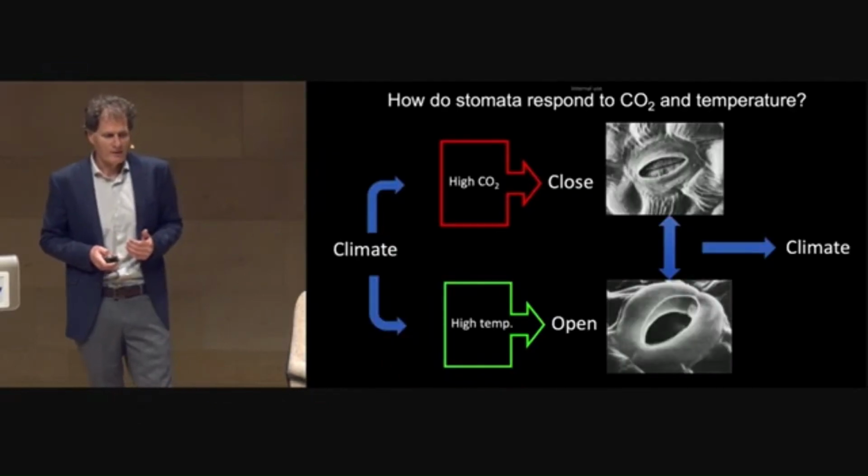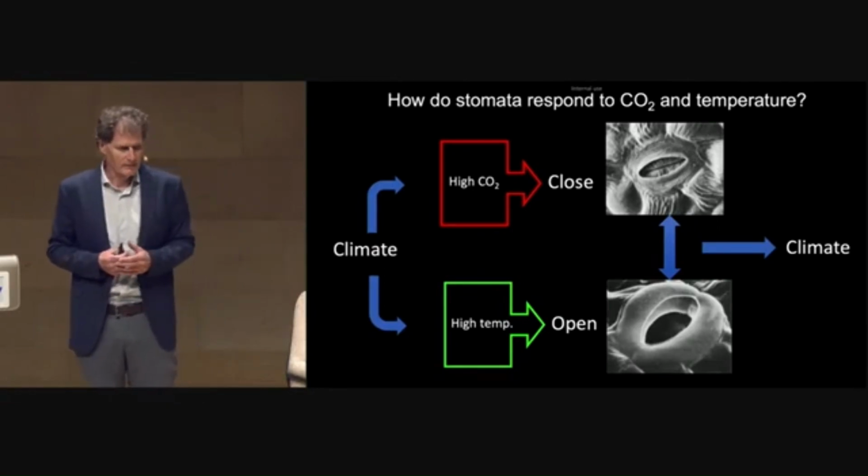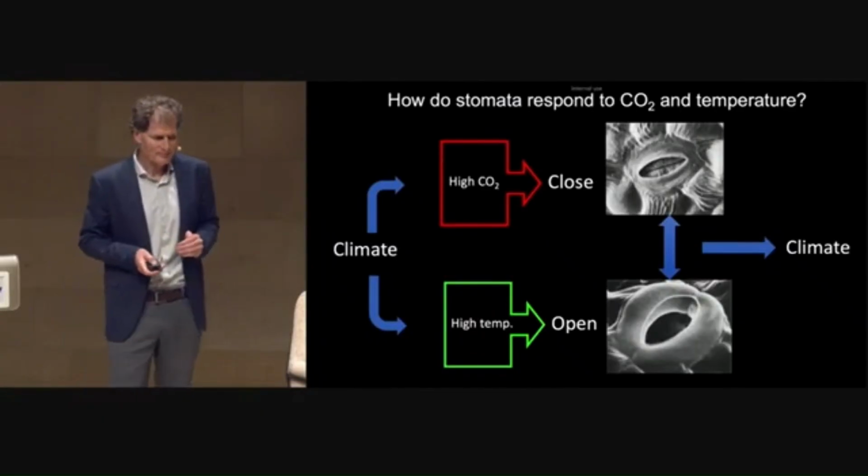or perhaps even modify crops in the future to cope better with that. So the research we've been doing lately, with funding from HFSP, the Human Frontier Science Program, begins with, first of all, how stomates respond to CO2 and temperature.